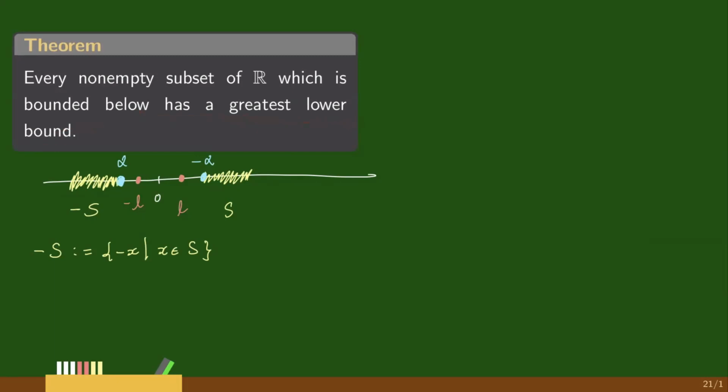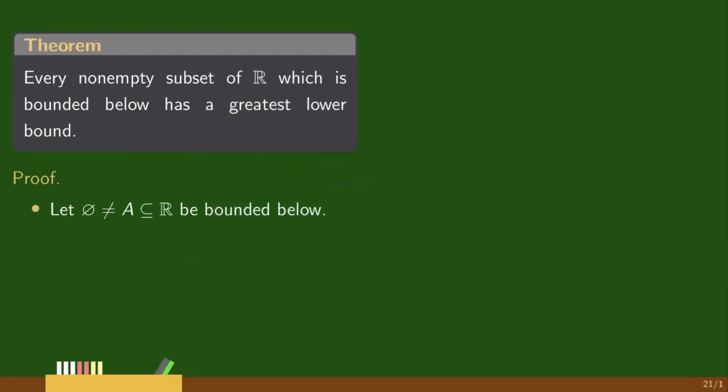Naintindihan yung picture ko? Ito yung kailangan natin. Okay. So, ang general strategy ko, tignan mo yung mga negative ng mga nandun sa S. Okay, so let's read the proof.